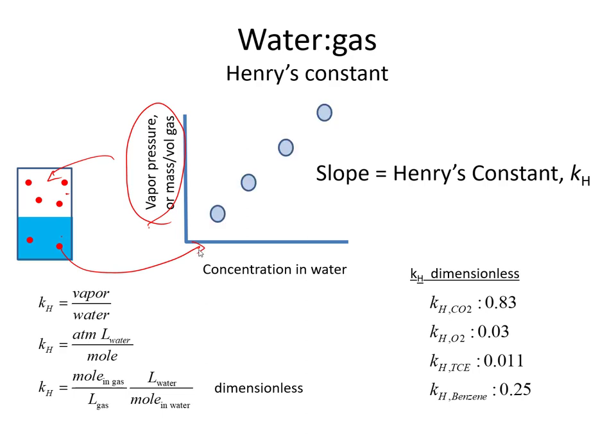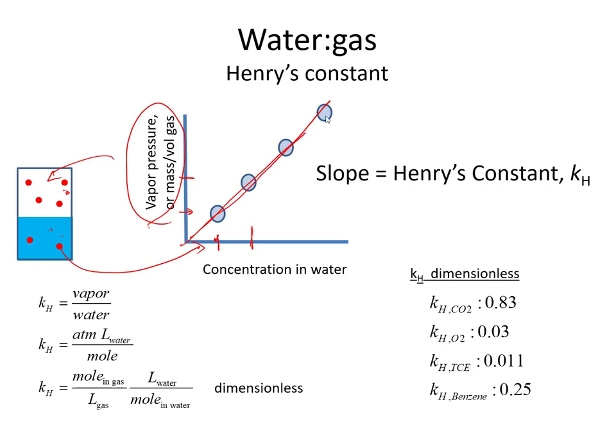And what we find is that if we do an experiment where we put water with different concentrations in this vial and then measure the headspace, if we start with a low concentration, we get a low concentration in the headspace, and we use a higher concentration in the water, and we get a higher concentration in the headspace. And then what we find is that it's roughly linear, the relationship between the concentration in the water and the concentration in the headspace.